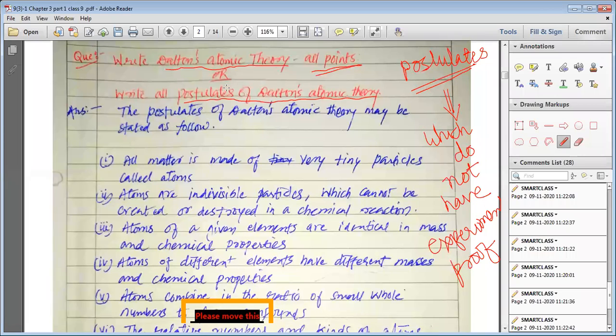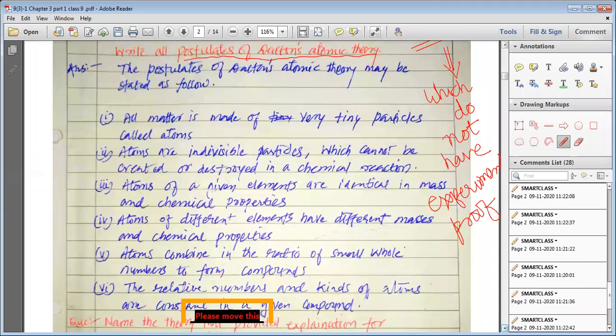The scientist Dalton did not do any experiment; he observed something, and on the basis of that, he gave these postulates. That means all these 6 points that we are going to study do not have any experimental proof.